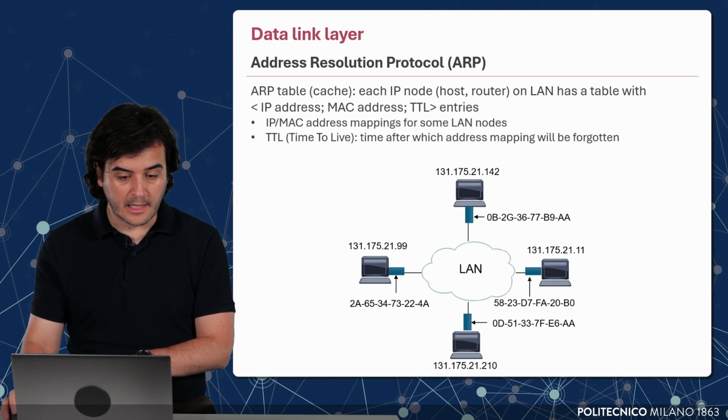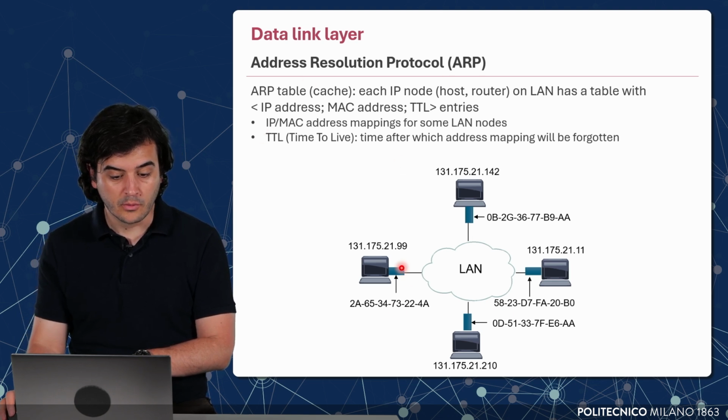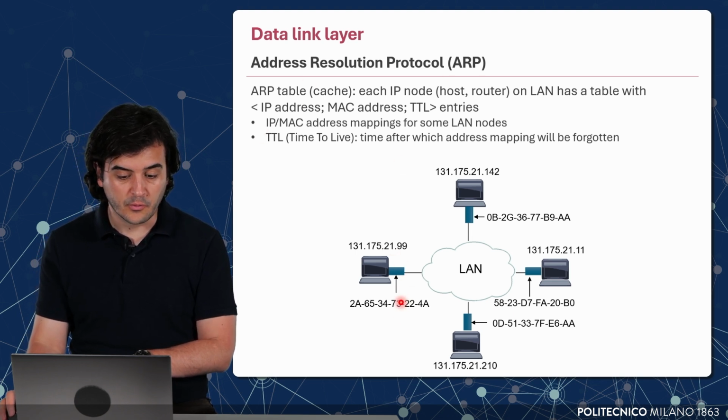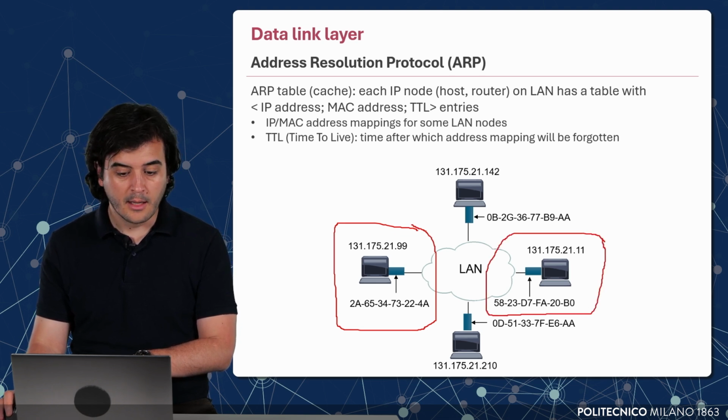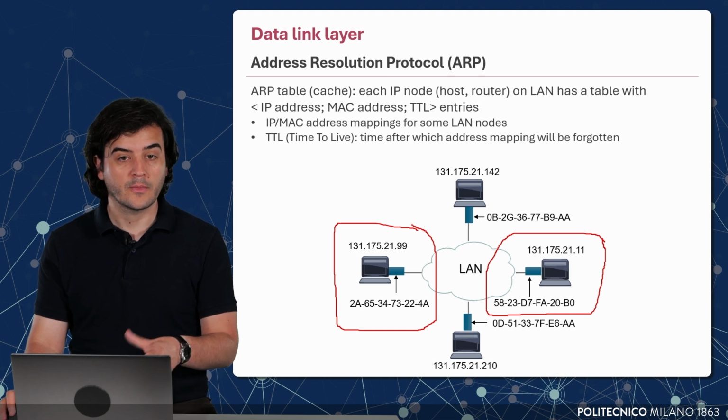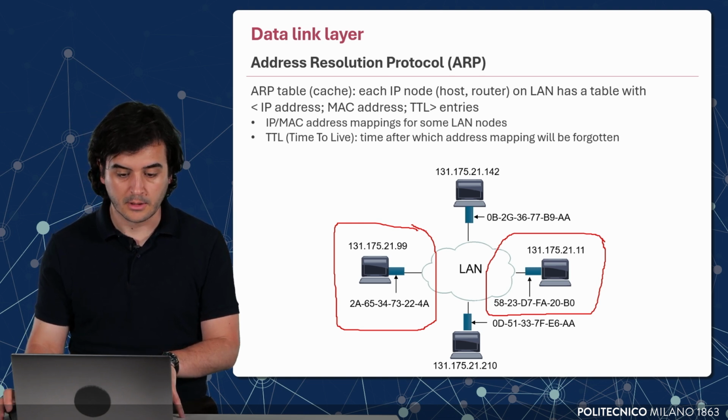What ARP allows us to do is the mapping between the two, such that if there is a communication between this equipment and another equipment connected through the LAN, they are able to identify one another.